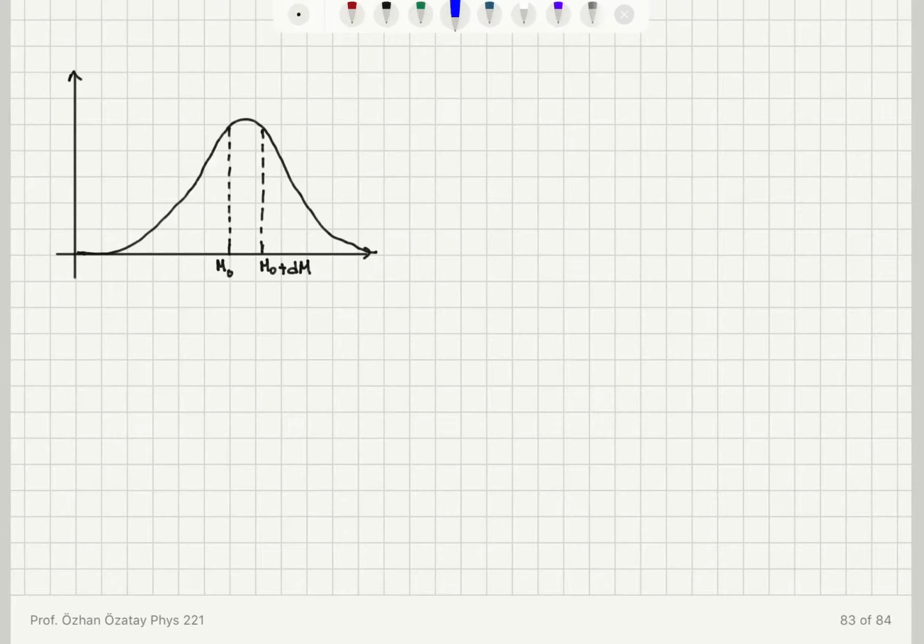So if I think about the discreteness of this process, let's say that the possible m values are actually placed like this.